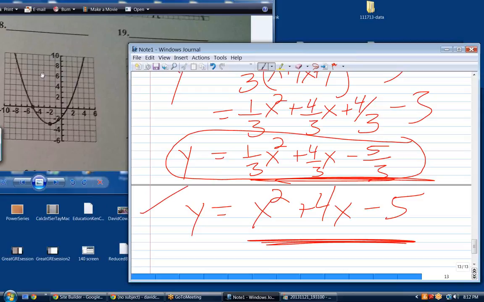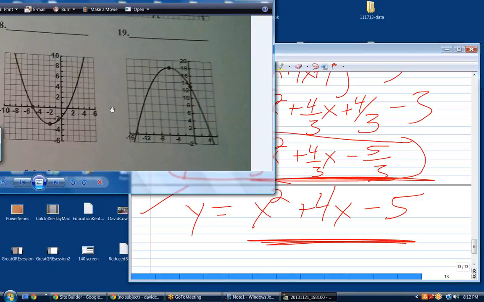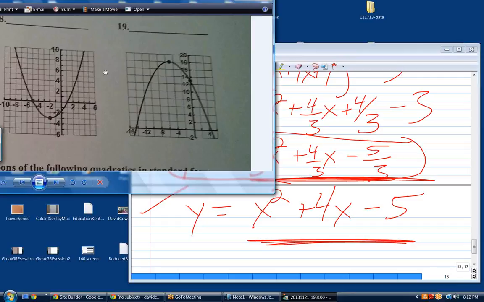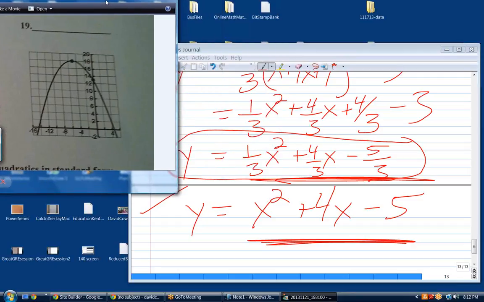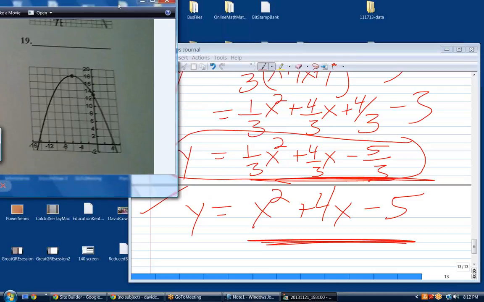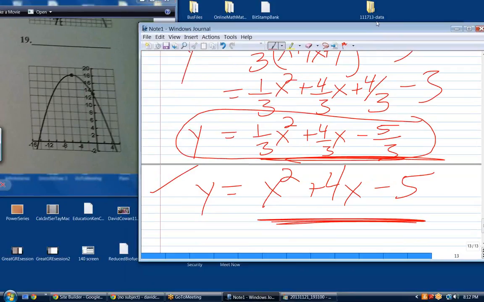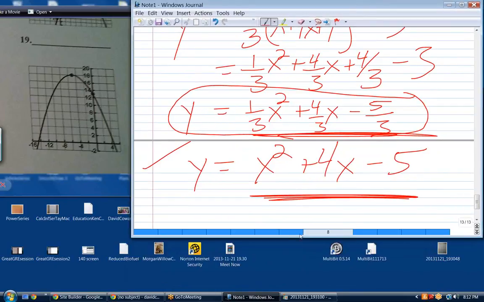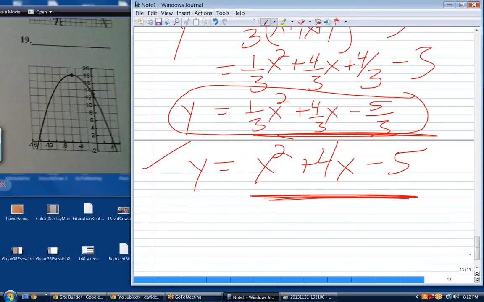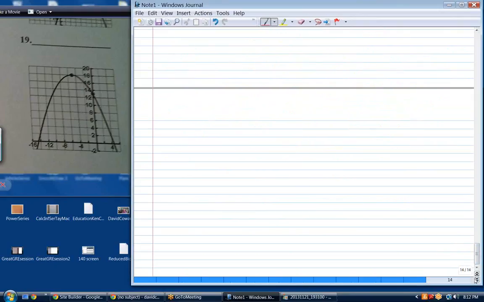Okay. Well, it's hard to tell here because she hasn't really asked for this to be in standard format. So that's something you might want to check, whether standard format allows fractions. Seems to me that it does not, but I'm not 100% sure on that. And if it does not, I'm not real comfortable with just multiplying that by 3 to get rid of the fractions. It seems to me that that's a different function. It's not the same function. Okay. So you might ask her about 18 on what it would look like in standard format.